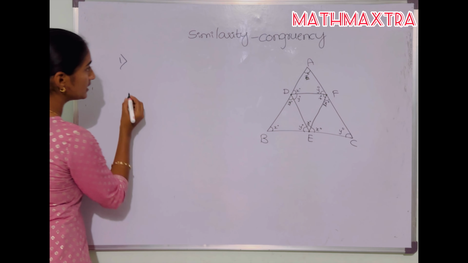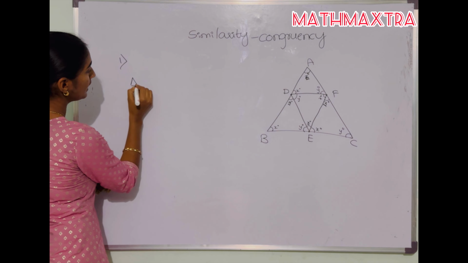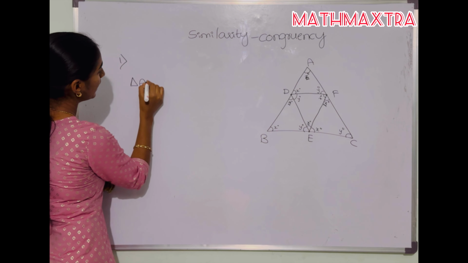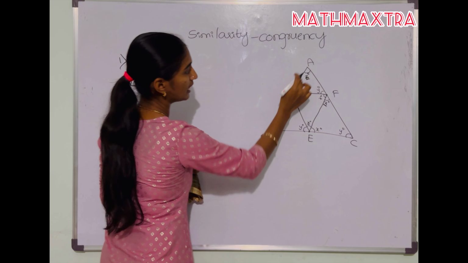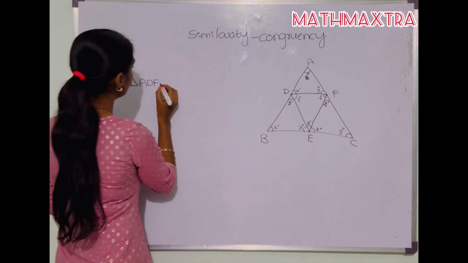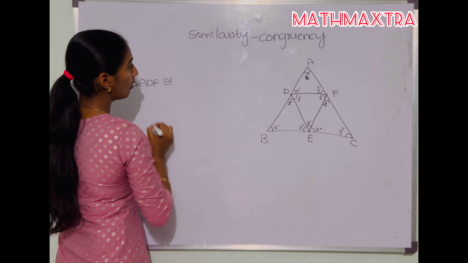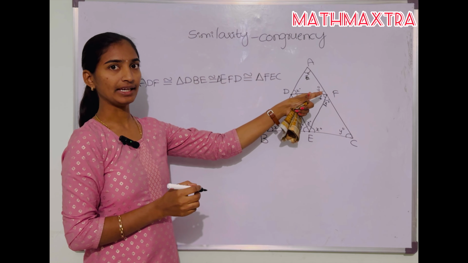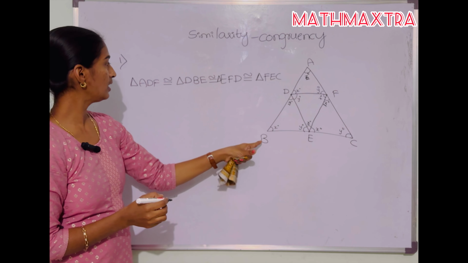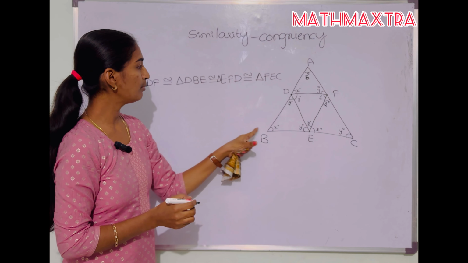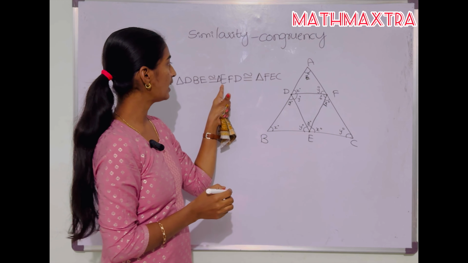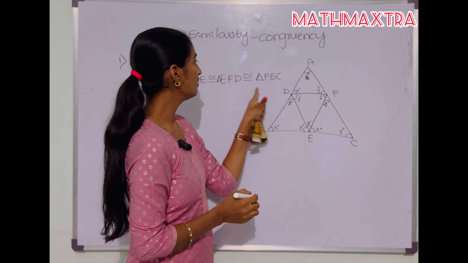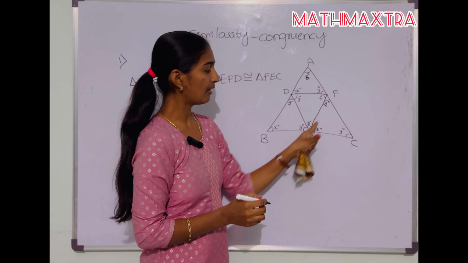So triangle ADF is congruent to triangle DBE, which is congruent to triangle EFD, which is congruent to triangle FEC.